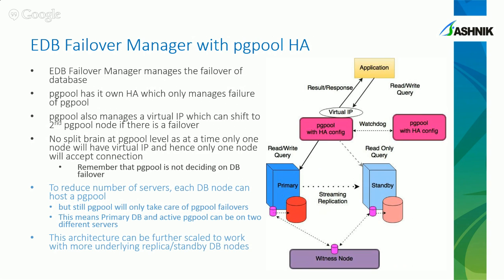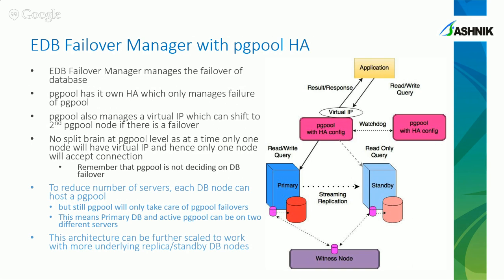To overcome that, you can introduce another pgpool server which is set up using HA configuration. So pgpool has its own high availability setup, which allows pgpool to exchange watchdog with another pgpool server.